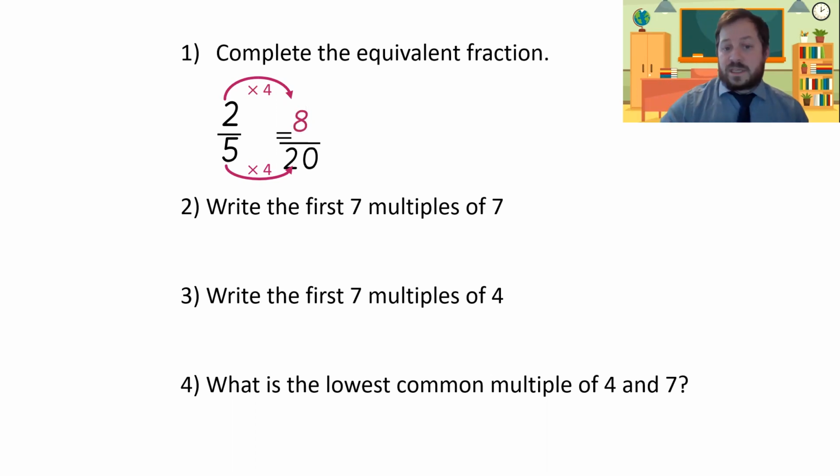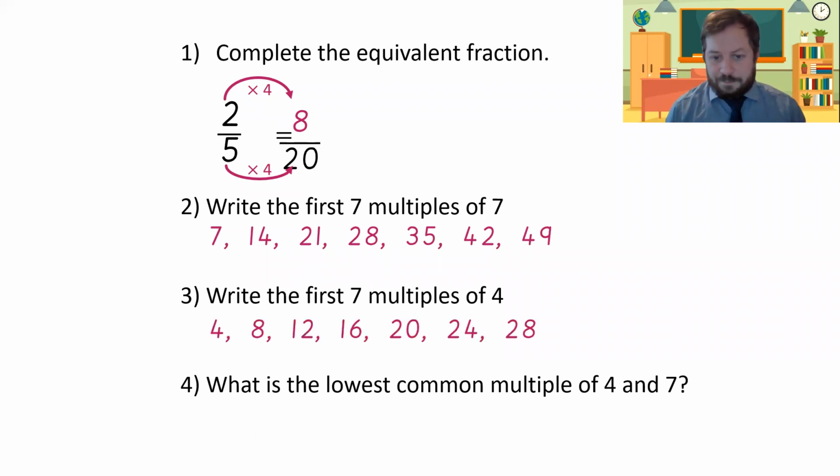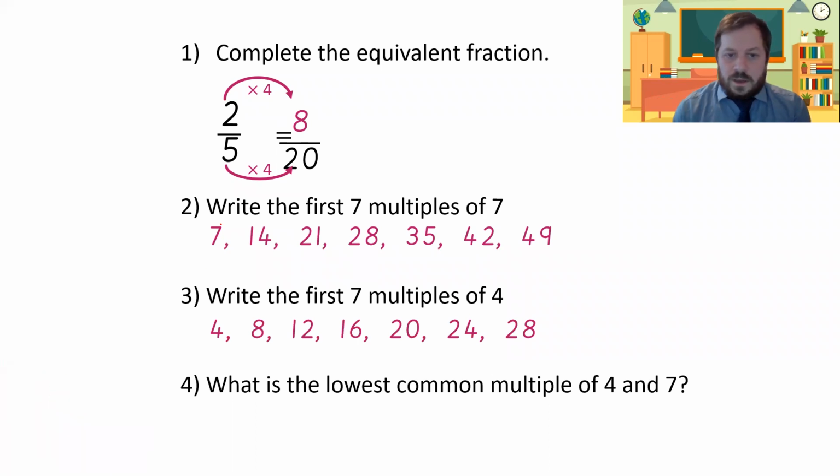Next one, it says write down the first 7 multiples of 7. So all you need to do is use your multiples and write them down in your times table order, and that's it. The same with your 4 times table. Then it says what's the lowest common multiple of 4 and 7. So what you're doing is looking along each of these lines to see which of them is the same.